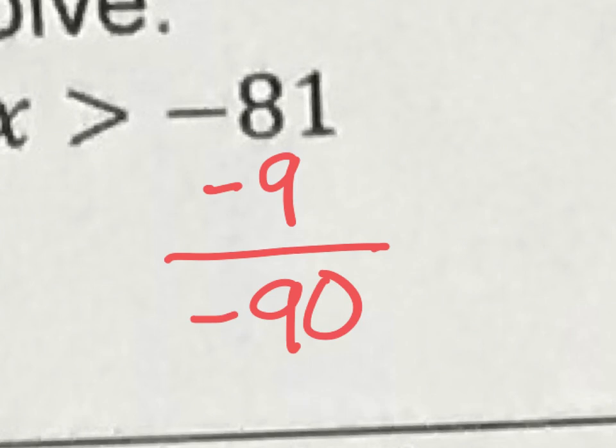2 negatives on the side. You don't have to circle them because there's not 2 in a row. There's 2 negatives. If the signs are the same, what? You add and keep the same sign. So we had 81 negatives. We moved 9 more negatives over to this side.